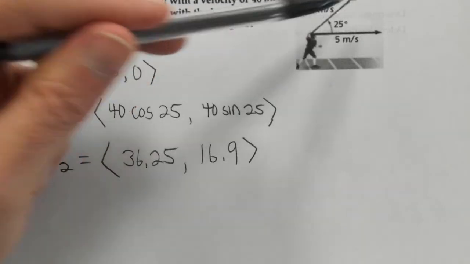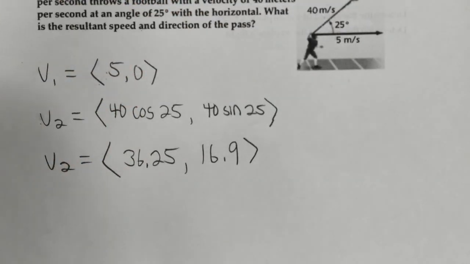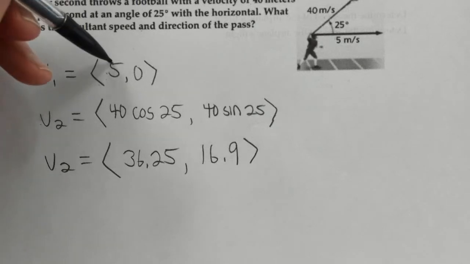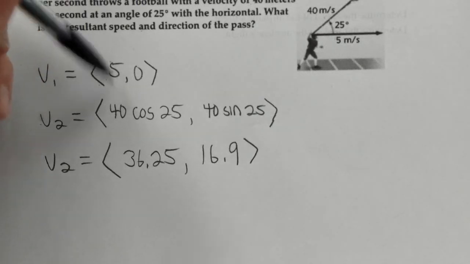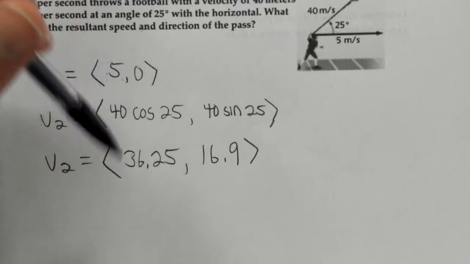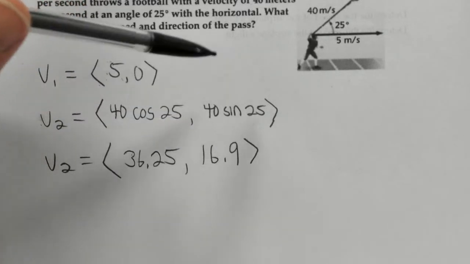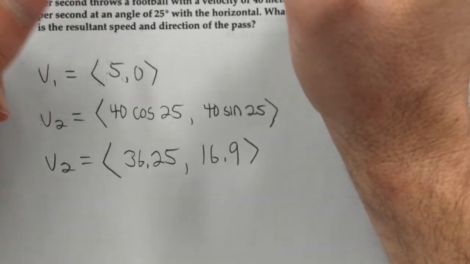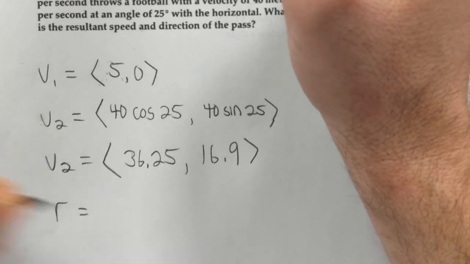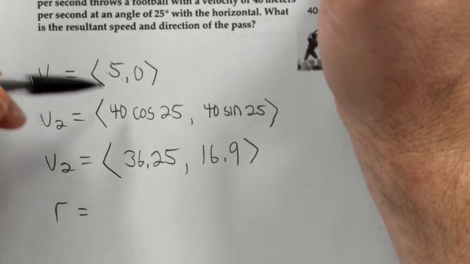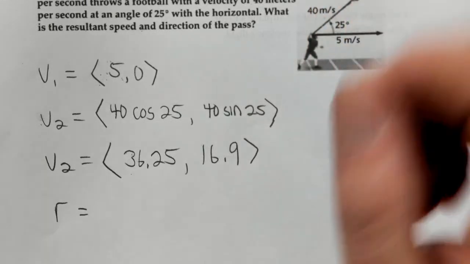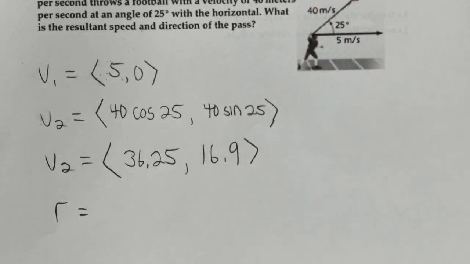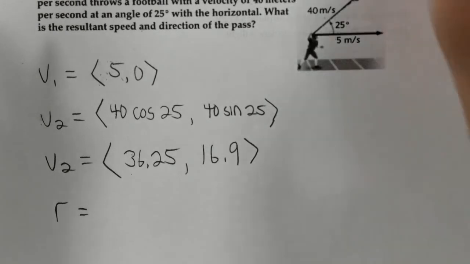Now, how does the ball react as a result of these two vectors? If I want to get the resultant vector from this, then I need to add these two vectors, vectors 1 and 2, together, to see how the throwing angle and velocity and the running, which is straight, and velocity, affect the way the pass comes out.